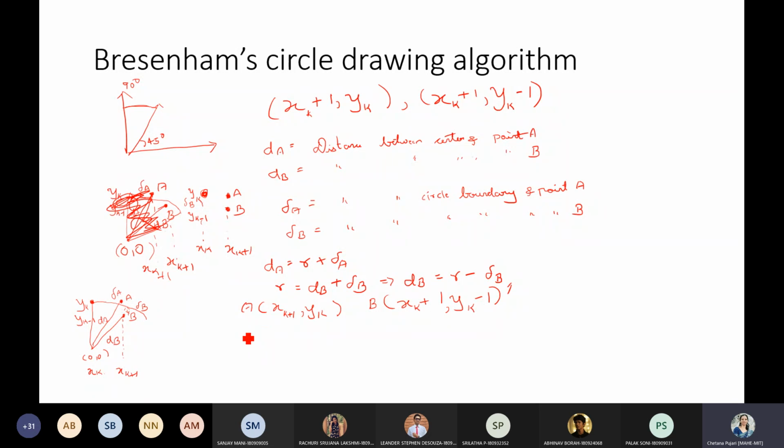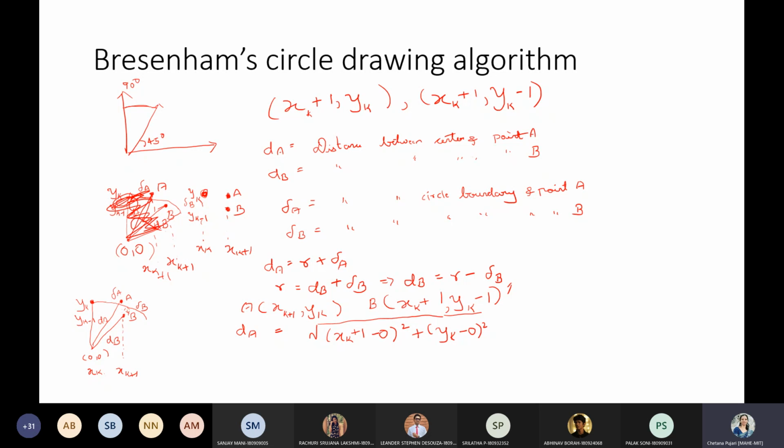So now you have to calculate the distance dA, which is the distance between your point and the center of the circle. Let's make use of the Euclidean distance formula. That is root of (xk plus 1 minus 0) whole square plus (yk minus 0) whole square, right? In Euclidean distance, how are we going to calculate?